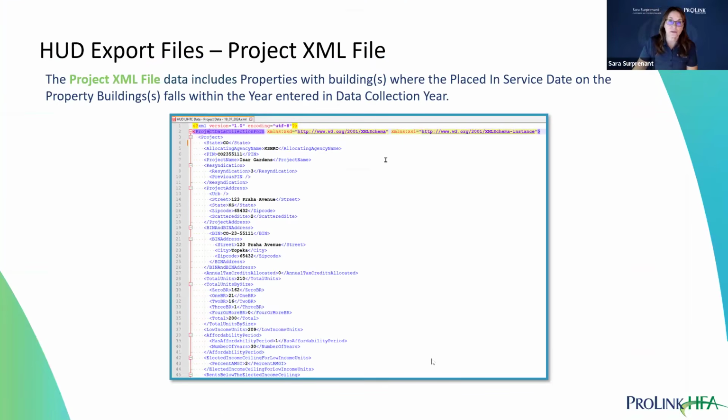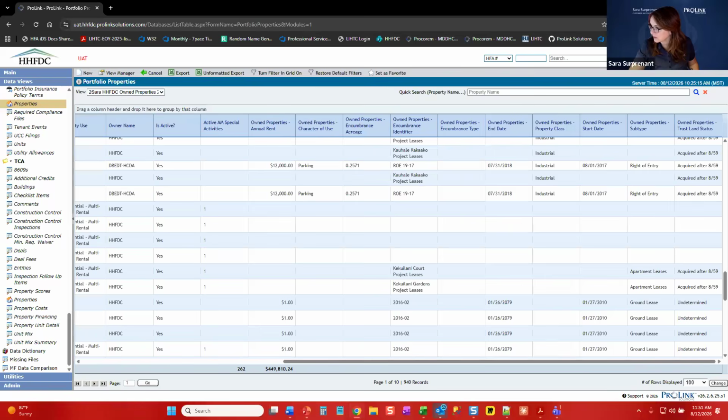So the project XML file, again, includes the properties where the buildings' placed in service dates fall into the year, and on the collection year. And that's where we talked about the one that I had just brought up, which was for my Camden Commons. Bear with me. I apparently have opened a lot of screens today.